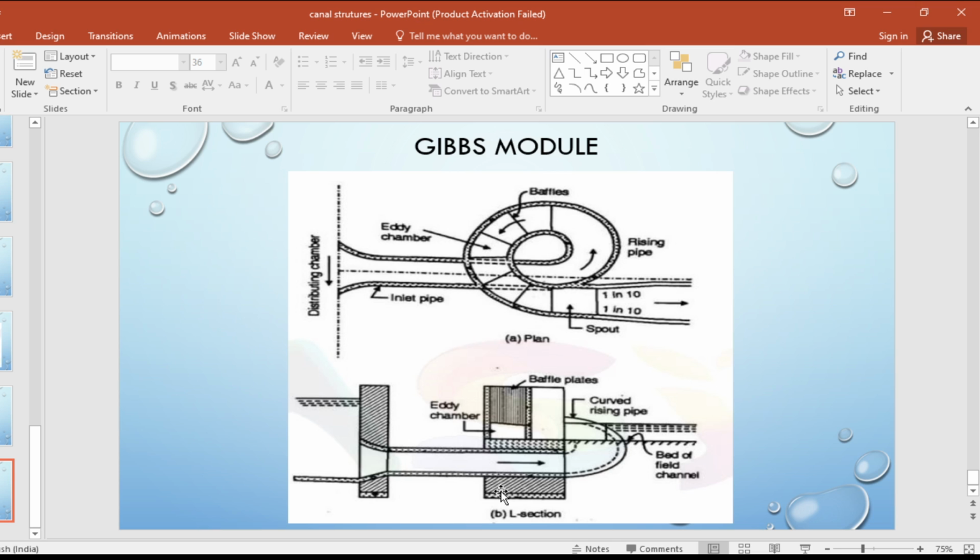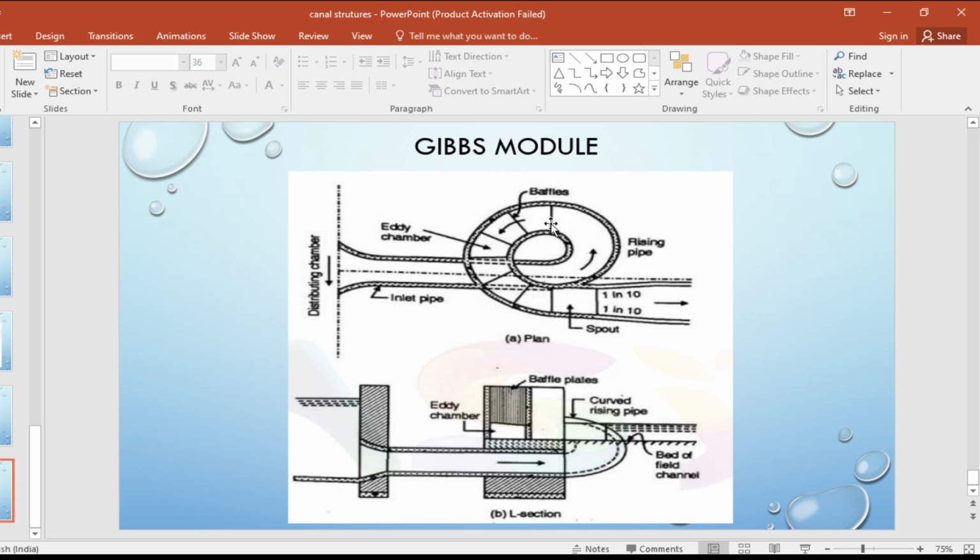The essential feature of this outlet is an AD chamber, which is semicircular in plan, round which water flows, giving rise to free vortex flow.